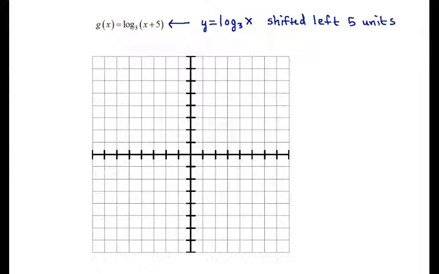So that we have two tasks here ahead of us. One of those tasks is to figure out what a few points would be on the graph of y equals log to base 3 of x, and the other task is to then shift the graph left 5 units. When we shift the graph, we shift the asymptote with it. So the first thing that we can do is just figure out where that asymptote goes.